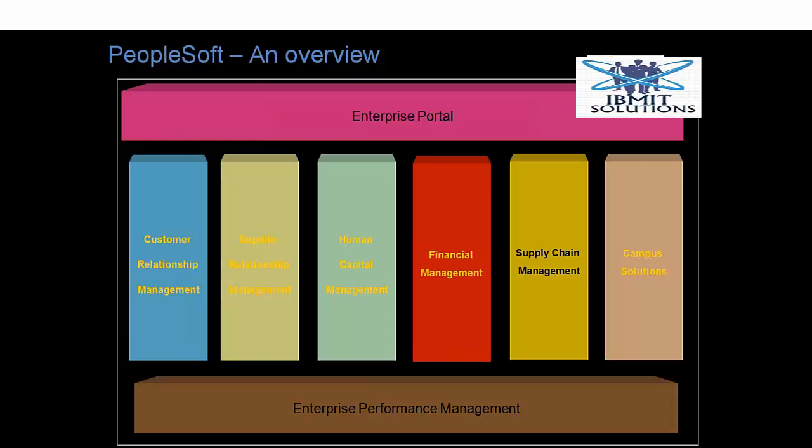So modules are nothing but, inside of the finance, we said accounts payable, purchasing, billing, accounts receivable, contracts, project costing. These are the modules, what we call them. Okay. So these are the verticals. Whatever you are seeing over here, all these are verticals: CRM, supply chain, supplier relationship management, HCM, financials, campus solutions. Okay.